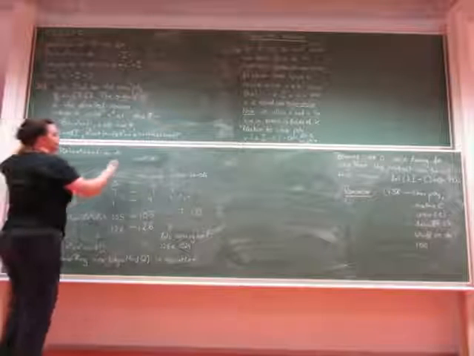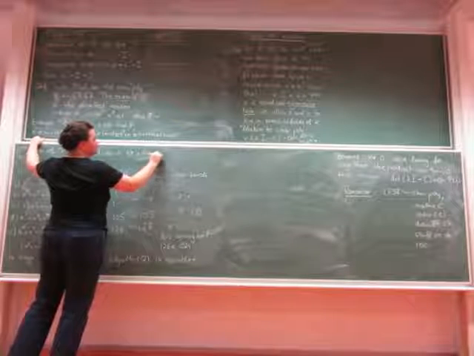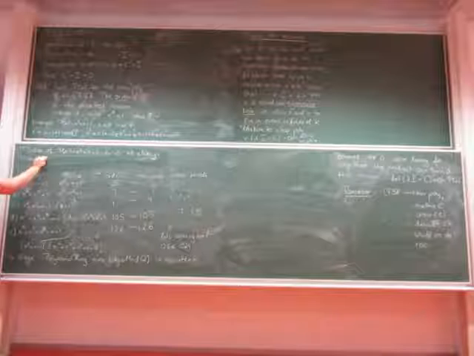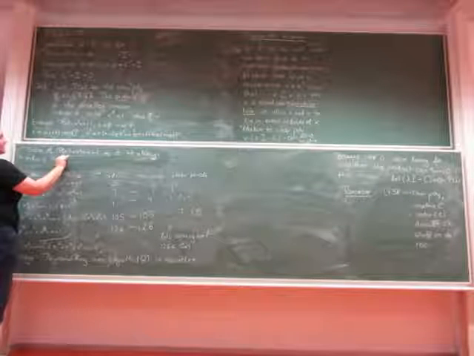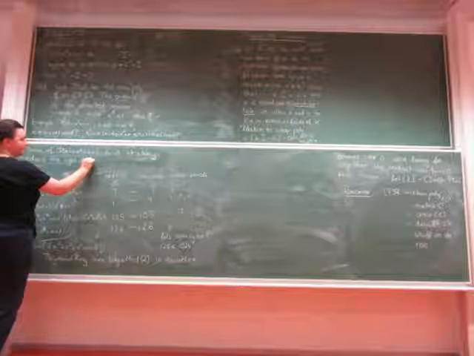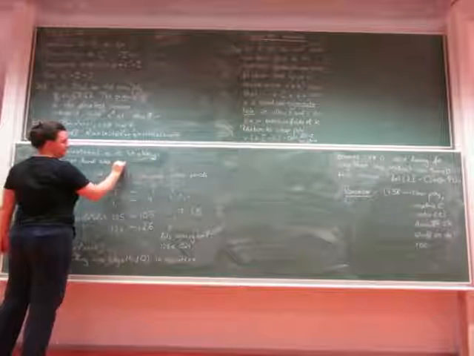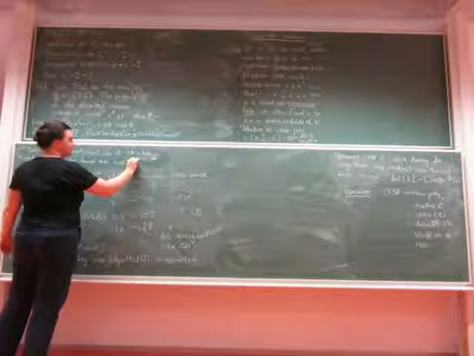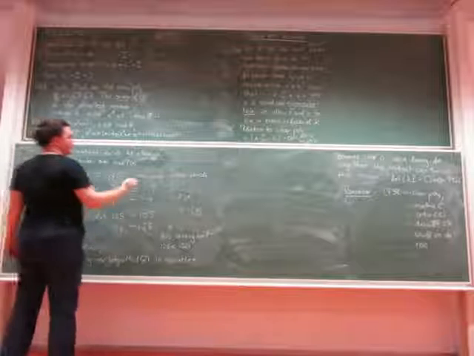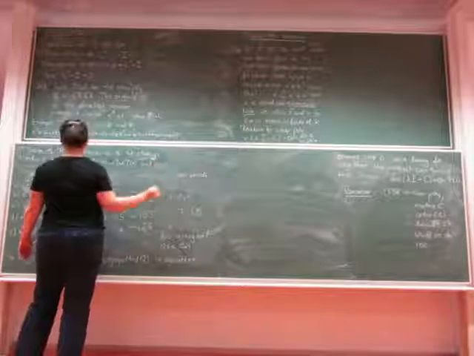So we always reduce the right-hand side mod p of x and get a polynomial of degree less than k.